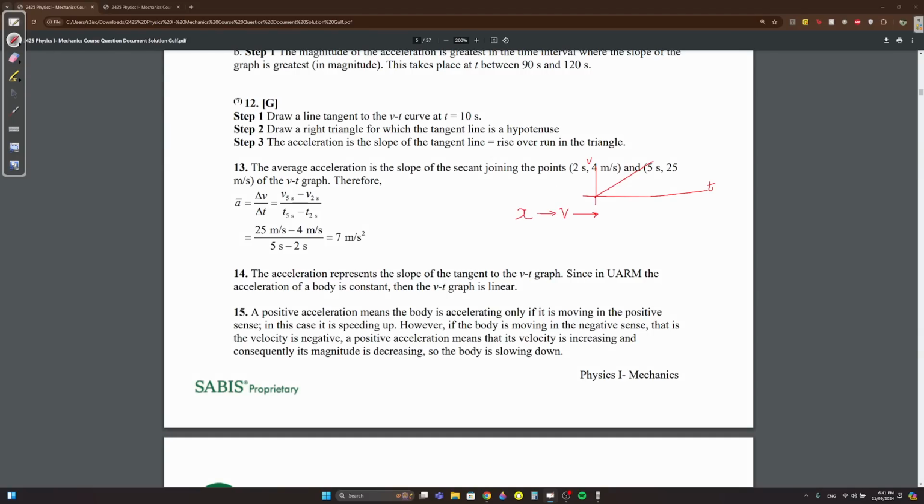If you differentiate velocity, you get acceleration. If you differentiate a straight line, you get a horizontal line, and if you get a horizontal line, that means it's not changing. That means something is constant. If you differentiate the straight line, you're going to get the a-t graph. It's just a straight line. I don't know how I can explain this better. Just look at the solution, to be honest.